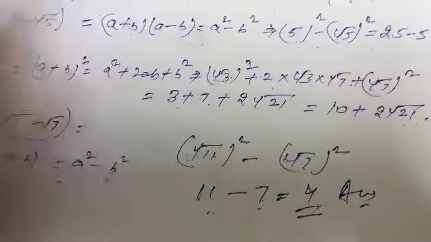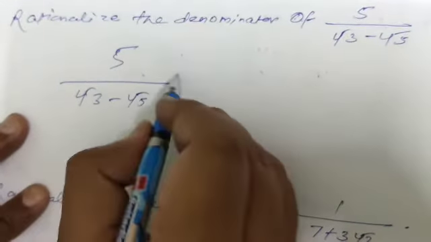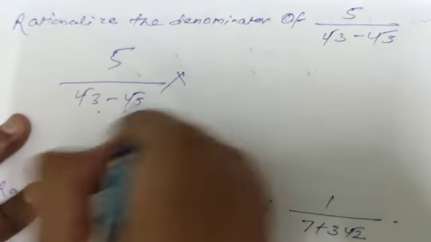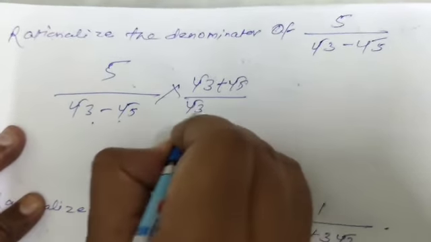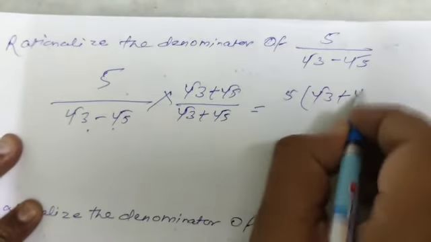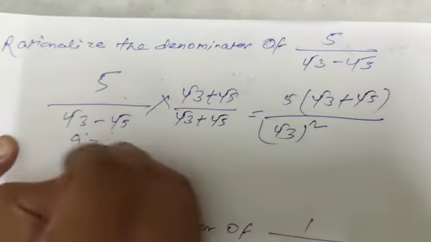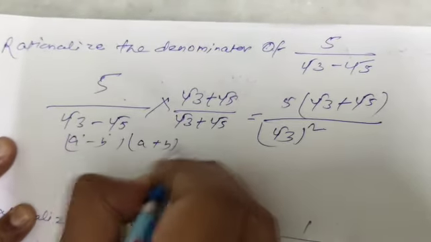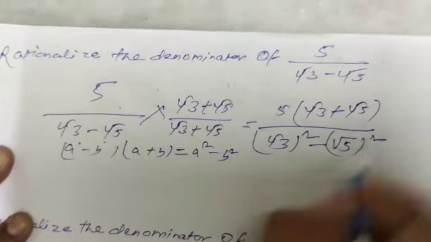Let us move to example number 19. Rationalize the denominator: 5 upon root 3 minus root 5. What will we do here? The conjugate of root 3 minus root 5 is root 3 plus root 5. So 5 into (root 3 plus root 5) upon root 3 whole square minus root 5 square, using the formula (a minus b) into (a plus b) equals a square minus b square.